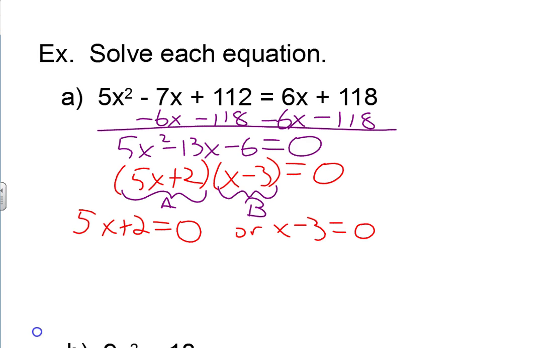Now take a look at this. By doing this, I've taken a really complex looking equation that wasn't SAD mappable, and I busted it up into two very SAD mappable equations. This equation is really easy to get x alone. You just subtract 2, divide by 5, and get x equals negative 2/5.